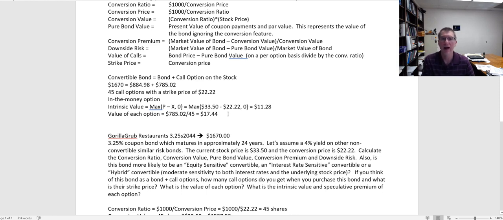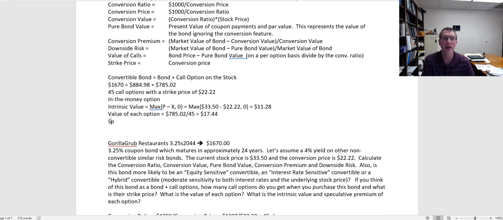Instead, if we want out of this position, we could sell the convertible bond, but converting right now gives up the speculative premium associated with each option. And the speculative premium is equal to the value of the option minus the intrinsic value, which is $6.16.